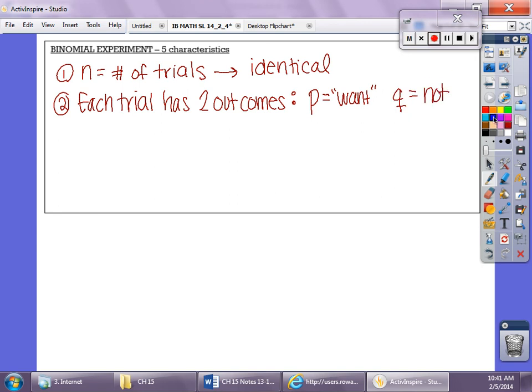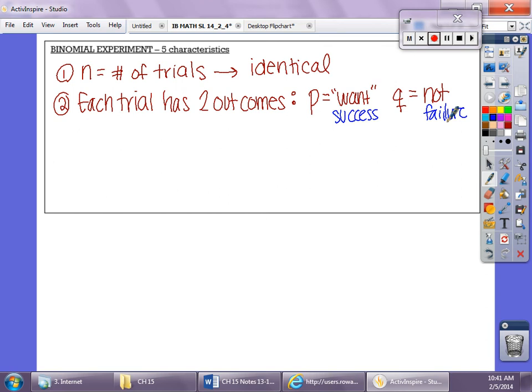And what you'll notice is that because they only have two possibilities, we call one of them a success and one of them a failure. The probability of success plus failure has to equal 1, because if there's only two outcomes, then those two probabilities have to add up exactly to 1. So in our cereal, the success was getting a prize that was 0.2, and our failure was 0.8, which was not getting a prize, and they added up to 1.